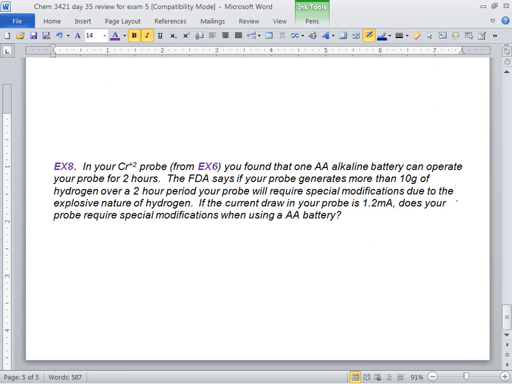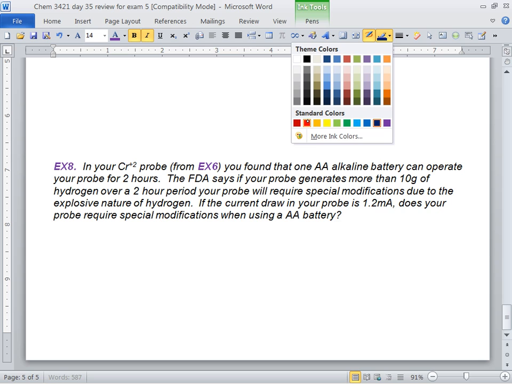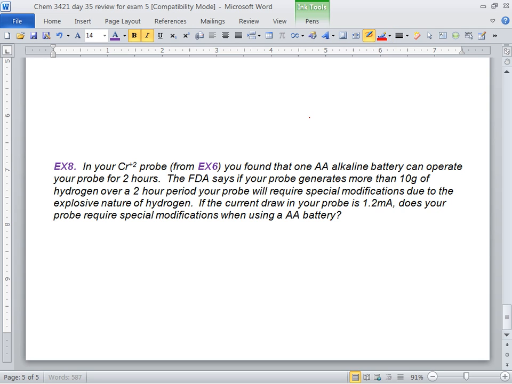This one? EX8? Yeah. Okay. Do you see a game plan for this one? This one isn't a sensor thing, so we're okay. Our numbers didn't really matter. All you need is the mole bridge to solve this one.